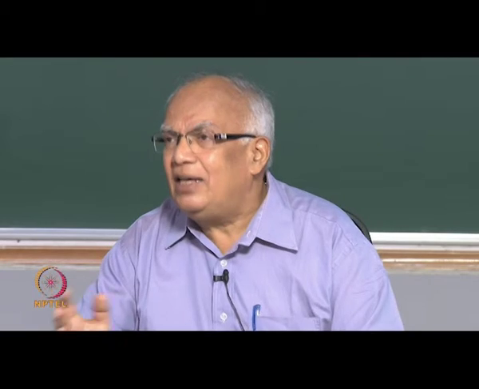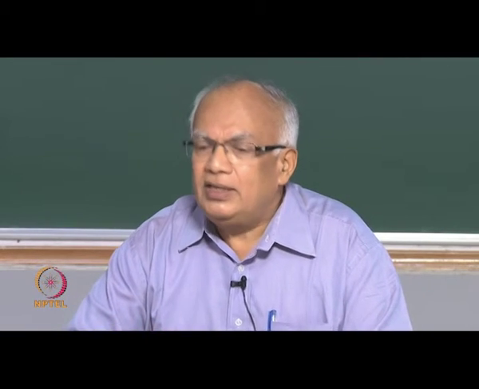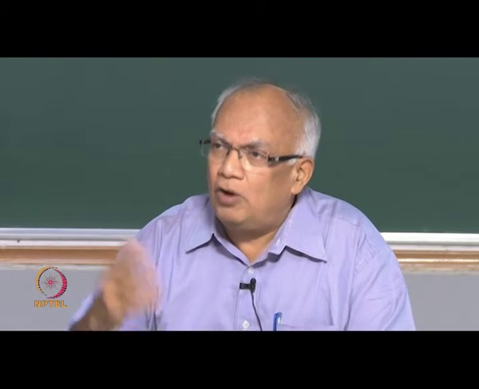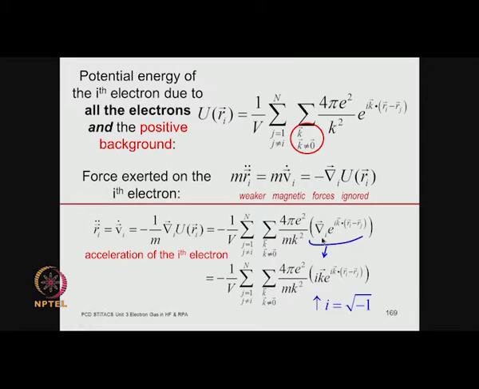So, this is still a classical model, and today I am going to discuss the classical model, and then tomorrow we will get into the quantum model. So, now we have to take the gradient. What is this gradient? The gradient of this term with respect to the ith coordinate is ik, and then you have got an exponential function.